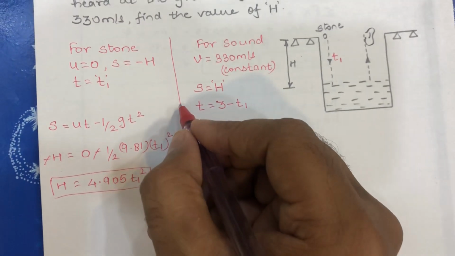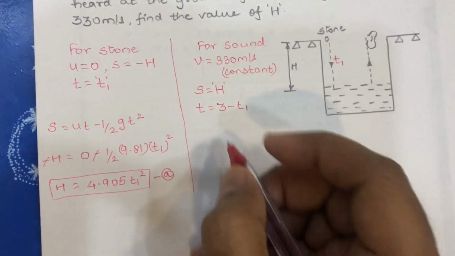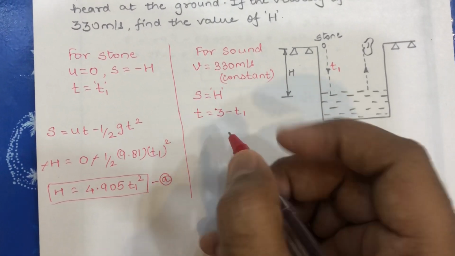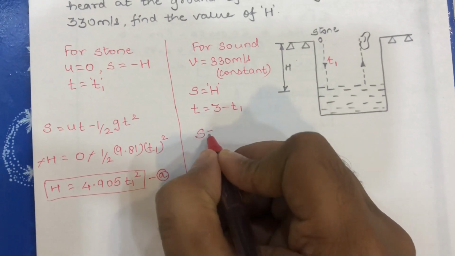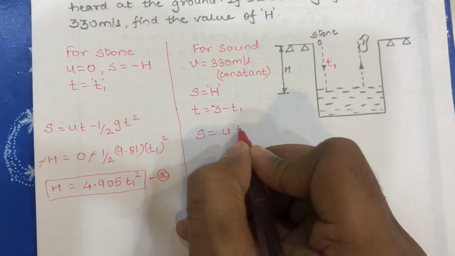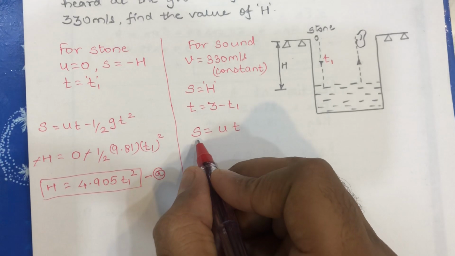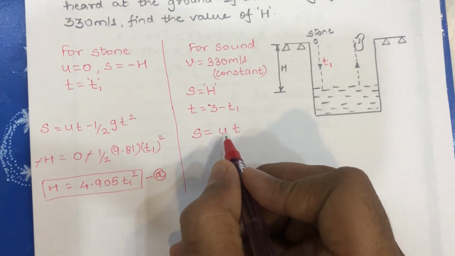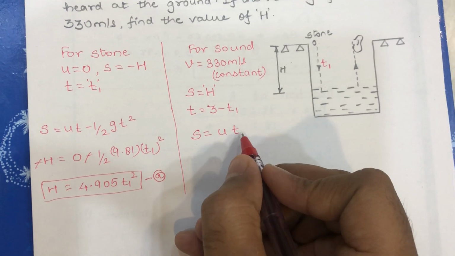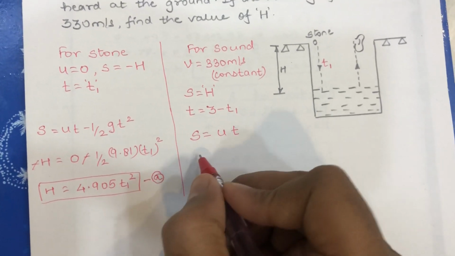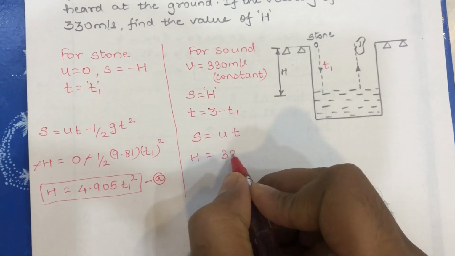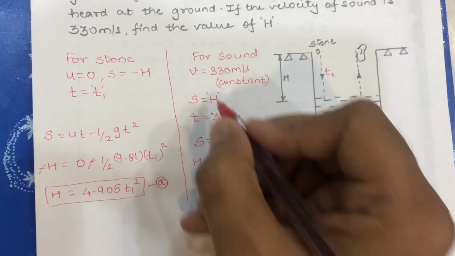Similarly, we'll go for the sound. As it has a constant velocity, we will not use the kinematical equation, but simply displacement or distance equals velocity or speed into time. So here s is h, and the velocity is 330.